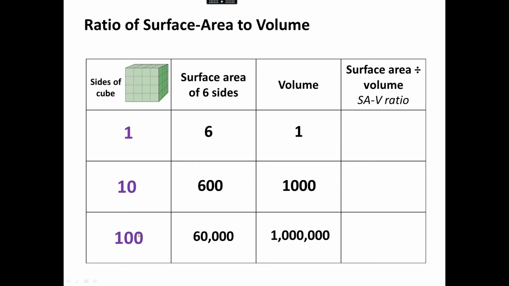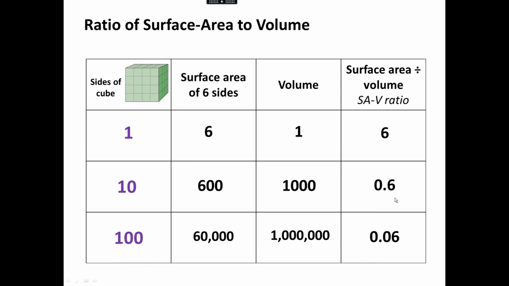And then for a cube with a side of 100 meters, the total surface area will be 60,000 meters squared, and the volume would be 1 million meters cubed. Now, to work out surface area to volume ratio, we do surface area divided by volume. So we get 6, then 600 divided by 1,000 is 0.6, then 60,000 divided by 1 million is 0.06.